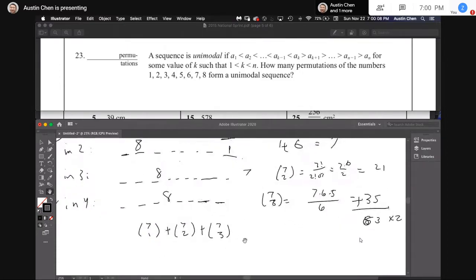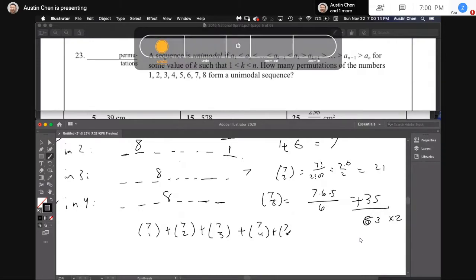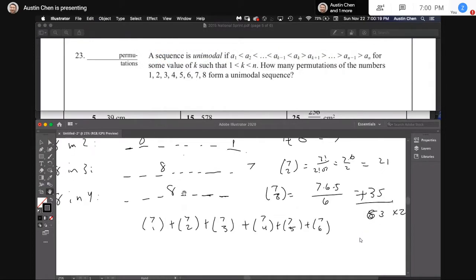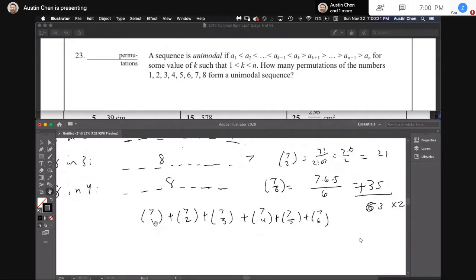And then the others will be likewise 7 choose 4, 7 choose 5, and 7 choose 6, right? And so we can see our doubling working out because of the mirror, like 7 choose 1 equals 7 choose 6, and 7 choose 2 equals 7 choose 5. So you can also see where the times 2 comes from.